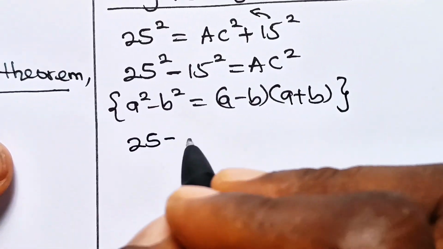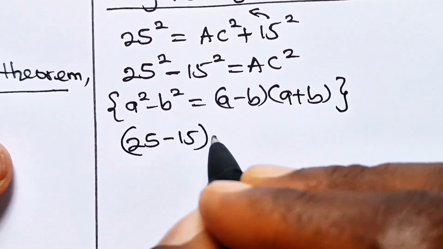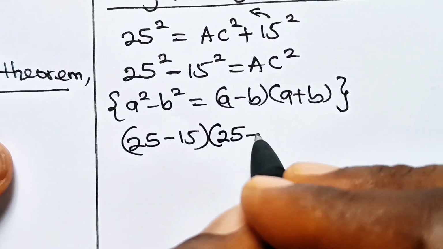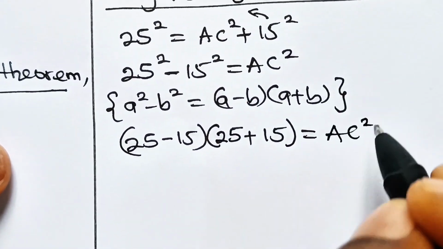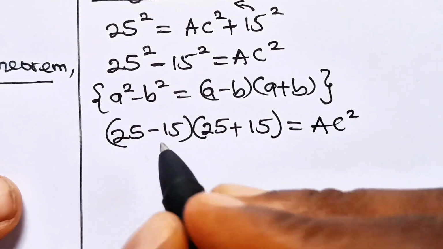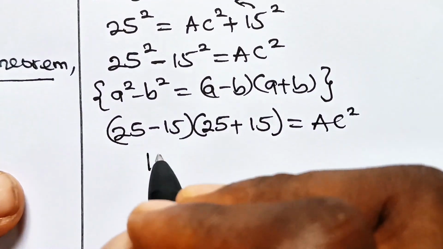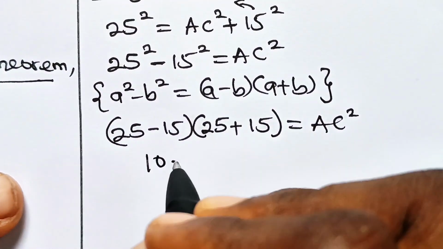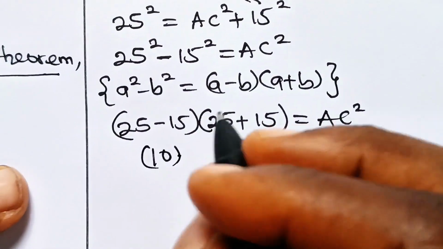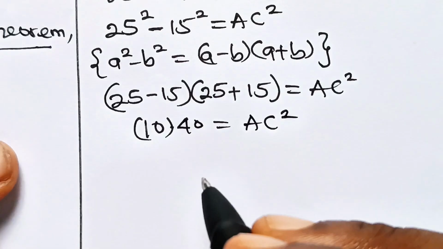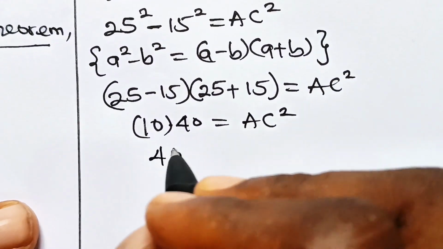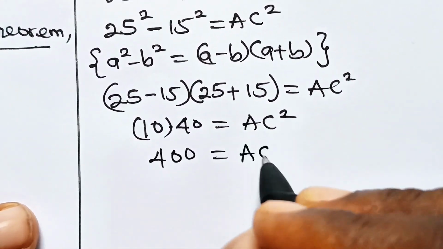So we have 25 minus 15 multiplied by 25 plus 15 is equal to AC squared. 25 minus 15 is 10, 25 plus 15 is 40, so 400 is equal to AC squared.